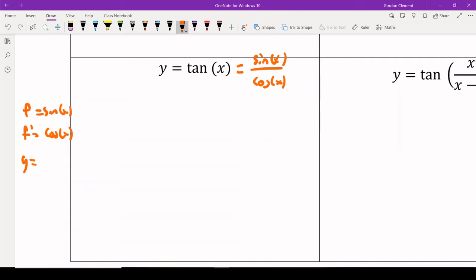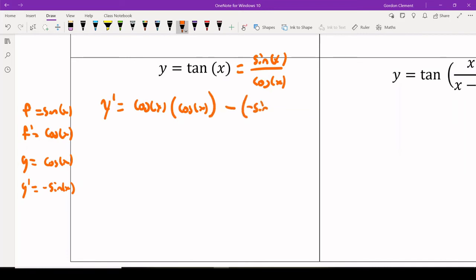G is cos of x, g prime is minus sine of x. And we will jump right to it. F prime cos of x times g cos of x minus g prime, minus sine of x, times f, sine of x, all over g squared, so cos squared of x.